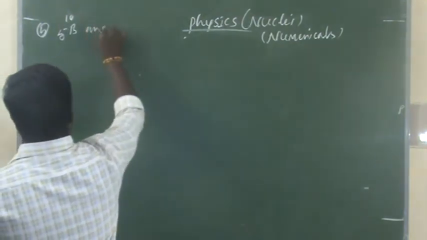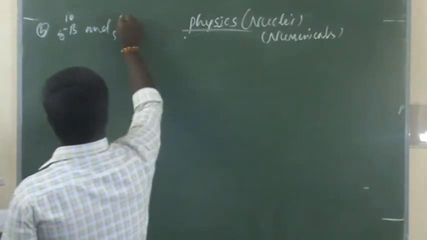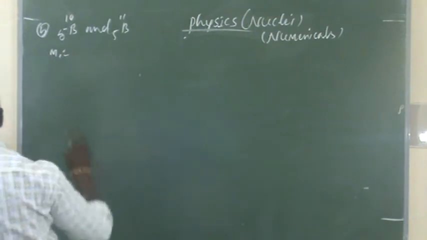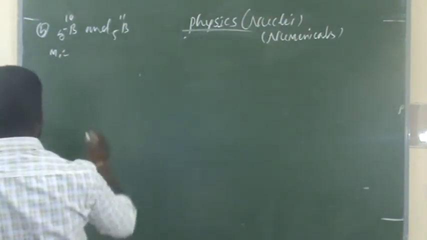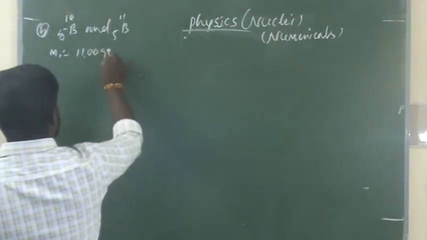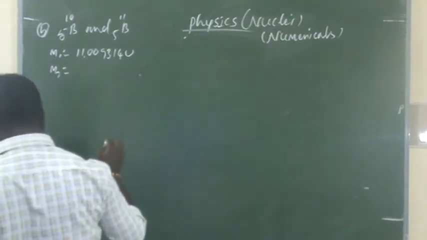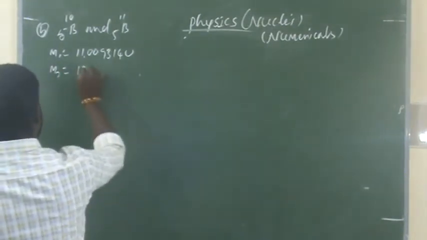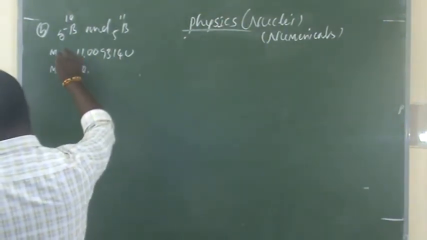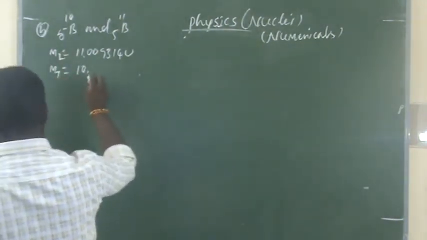and 5 boron 11. The masses: m1 is 10.01294 unit, sorry, this is m2, this one is m1.